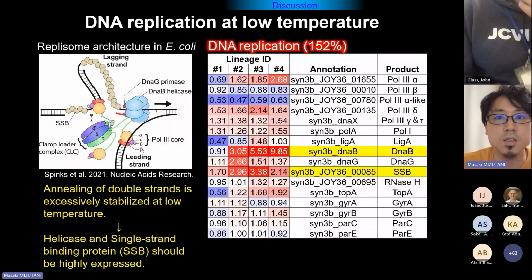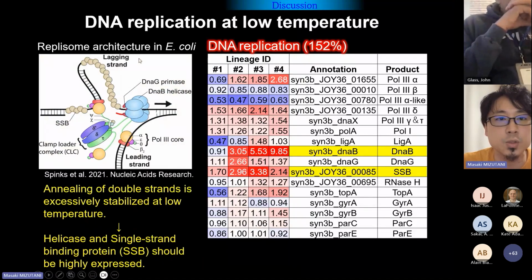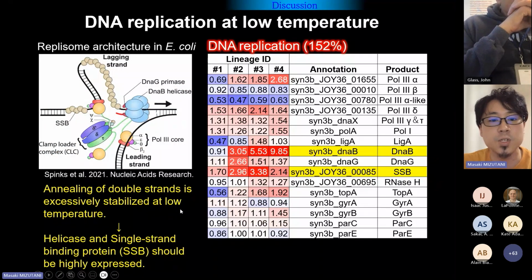And next is related to DNA replication. Because at low temperature, annealing of double-strand DNA is excessively stabilized, it causes the DNA polymerase to get stuck. So we should resolve this annealing. And this is the result of the adaptive Syn3B.